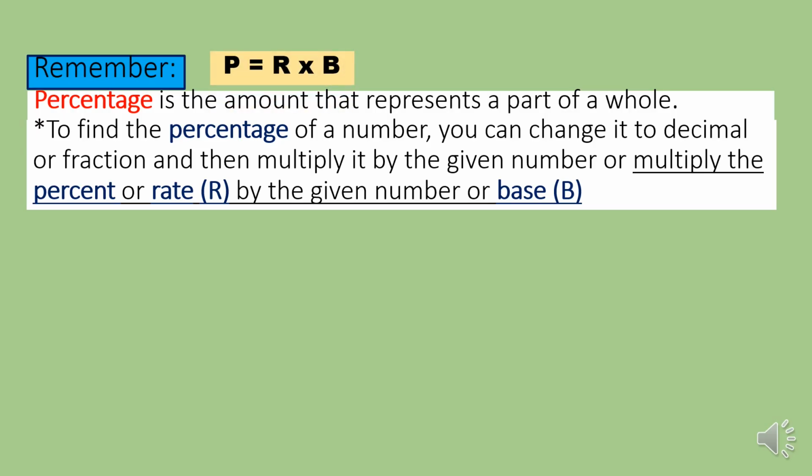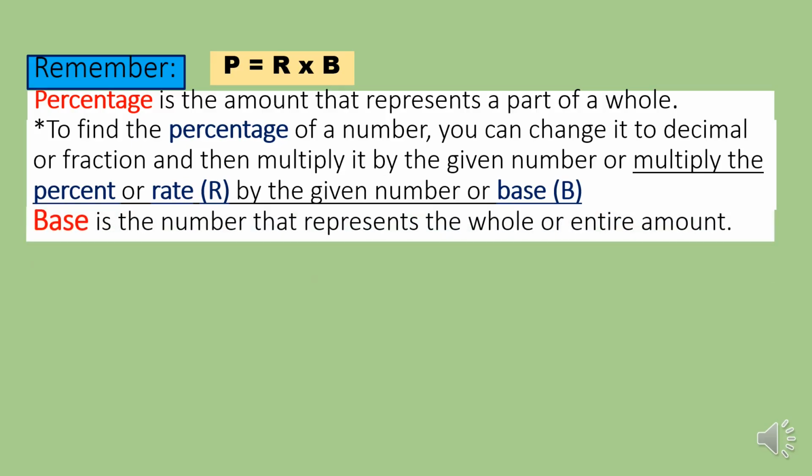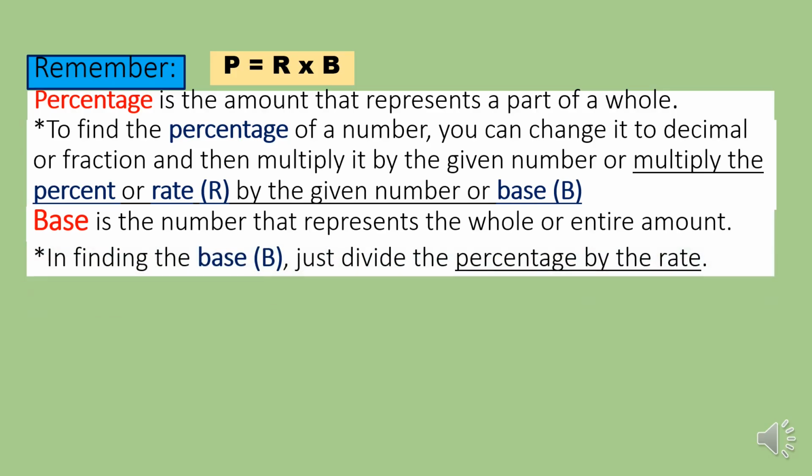And that is percentage equals rate times base. Base is the number that represents the whole or entire amount. In finding the base, just divide the percentage by the rate. And that is base equals percentage divided by rate.